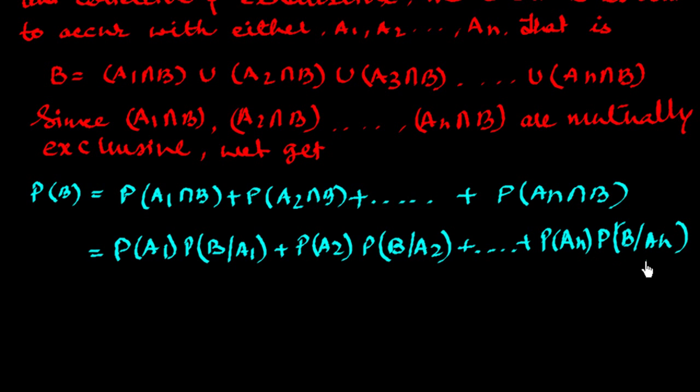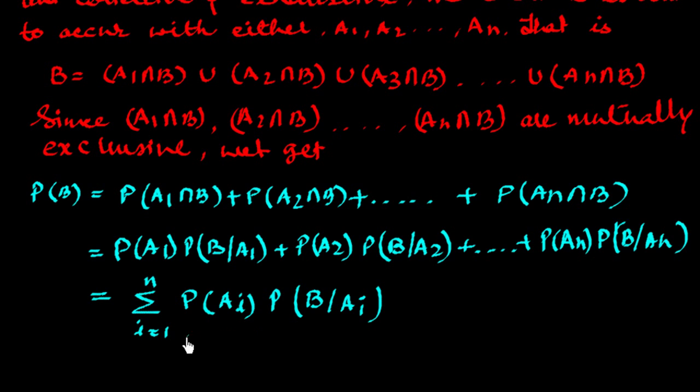So in this way we get it, and if we take the summation of all this, we could write it in this way: summation of i equal to 1 up to n of P of Ai into P of B given Ai. So this is the summation formula we have got here. This is the P of B.